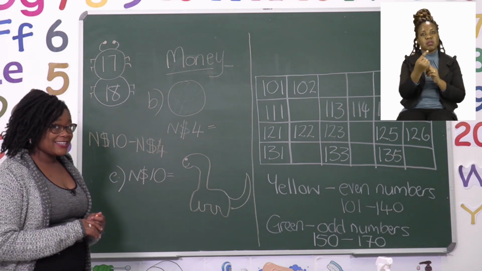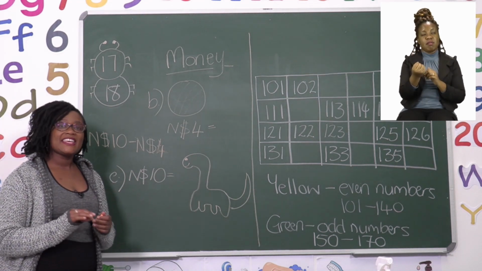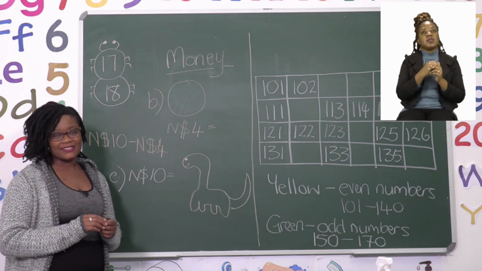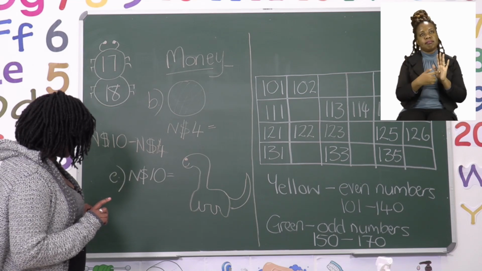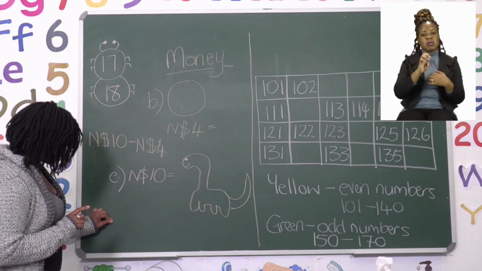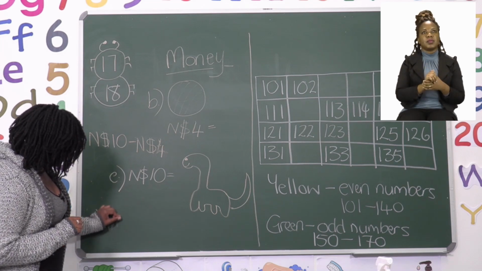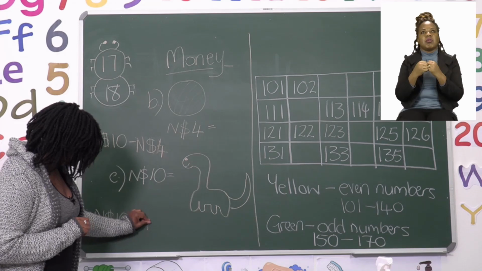Now for E, this one is very special. The toy dinosaur is 10 Namibian dollars. So if you are going to work out E, it will now say 10 Namibian dollars minus 10 Namibian dollars.